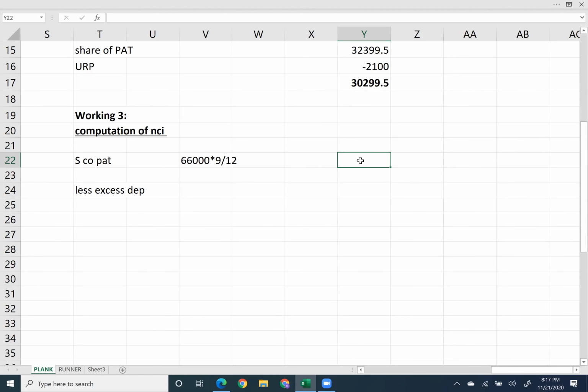So what is the S company's profit after tax? It's 66,000. Let's do it.